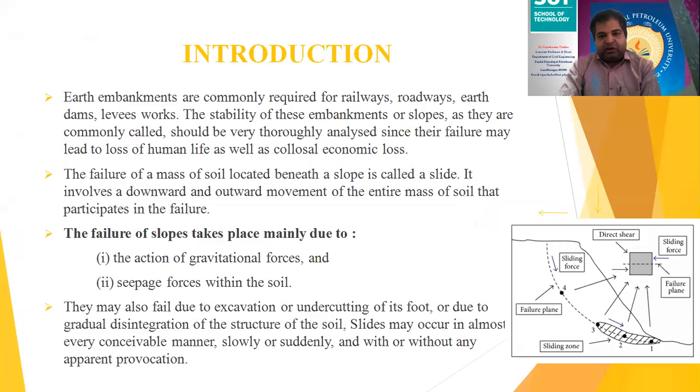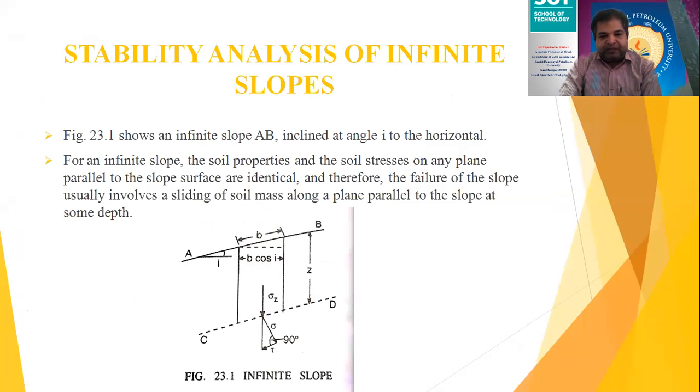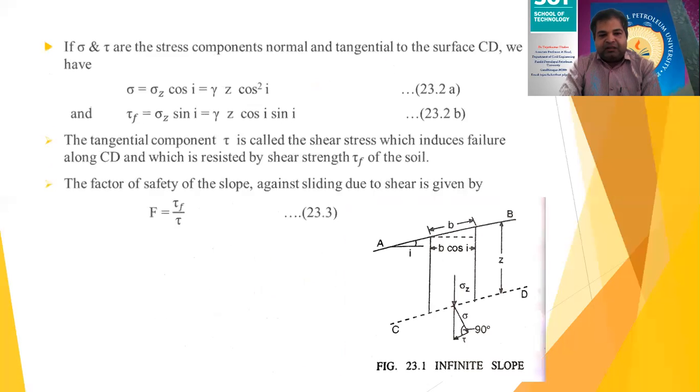For the cohesionless soil, we have derived the equation and established that the slope angle i is a very important parameter. If my slope angle is less than the value of internal friction, then my slope is going to be stable.